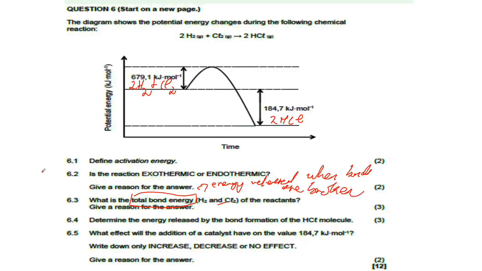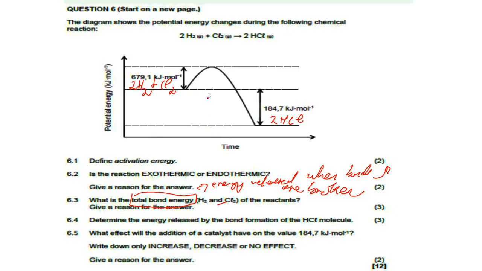So okay, now let's see this. This is similar to what we would define as, remember, energy released when bonds are broken. But what is activation energy? We say this is the minimum energy required for a chemical reaction to start, right? So we know that a chemical reaction will start when the bonds are already broken. So there's a link between the bond energy and activation energy. We can pretty much say that the bond energy is the same as the activation energy.